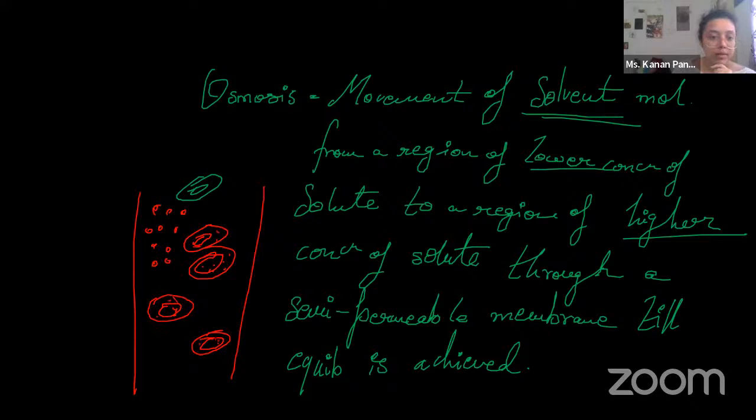RBCs में भी you will have some concentration, and this RBC का membrane is a semi-permeable membrane, obviously. All these are semi-permeable membranes.